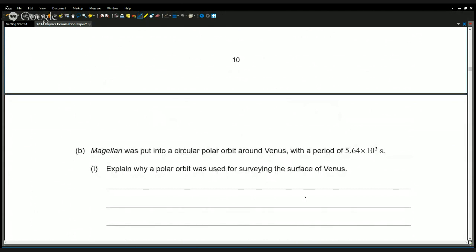Magellan was put in a circular polar orbit around Venus with a period of that. Why was a polar orbit used for surveying the surface of Venus?